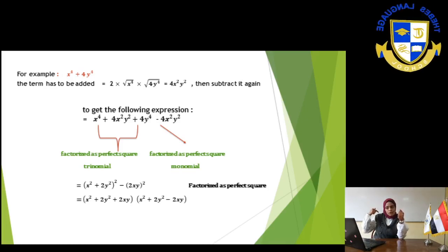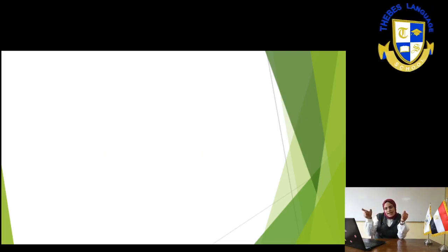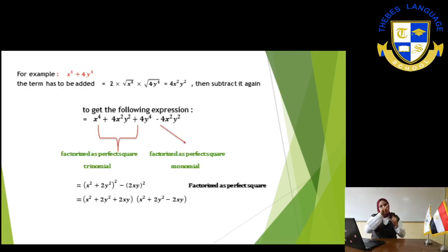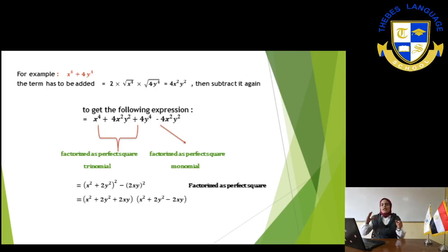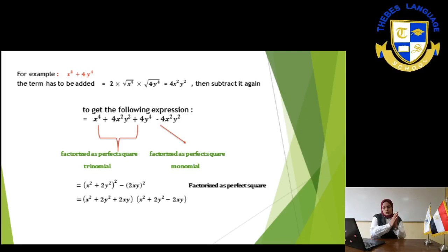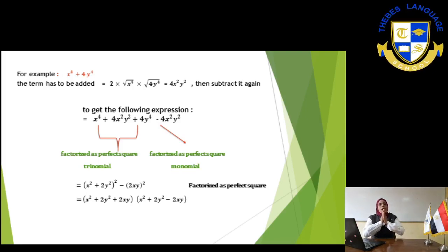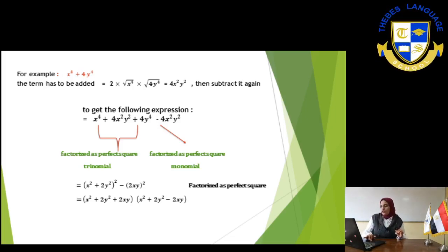As we studied before, we will factorize the difference between two squares as the following: x power 2 plus 2y power 2 plus 2xy. And the second term, it will be x power 2 plus 2y power 2 minus 2xy. Let's move to slide number 4.